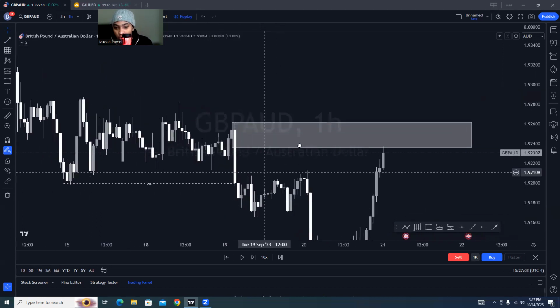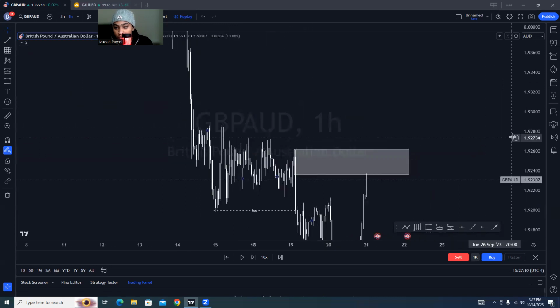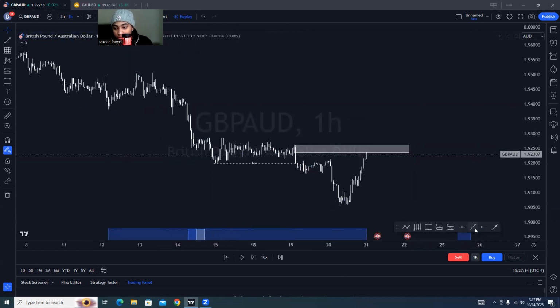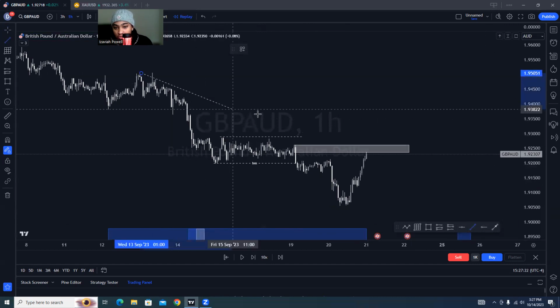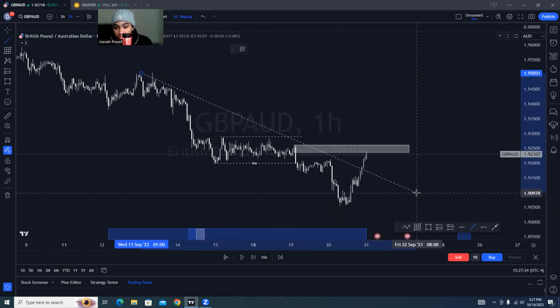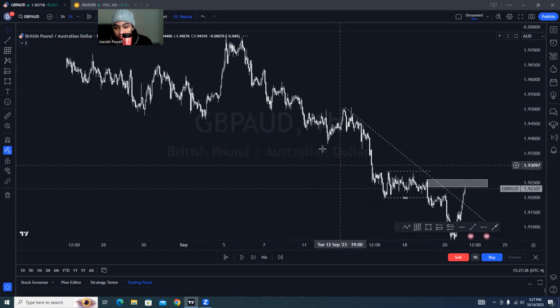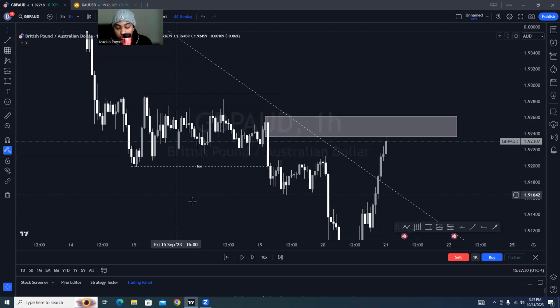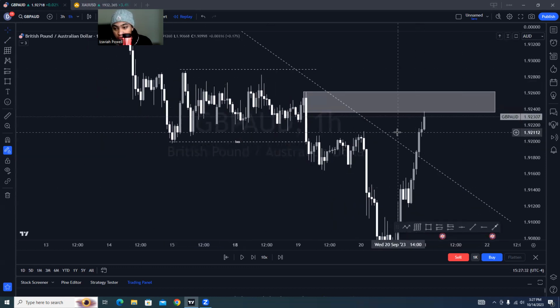Another thing you want to make sure of is you're in a downtrend. As you can see, we were ranging from the top and bottom, and then you can obviously see that we're in a downtrend. So you want to be selling. If we're in a downtrend, you should only be looking for supply until further notice.